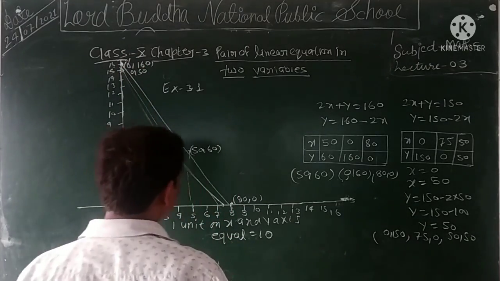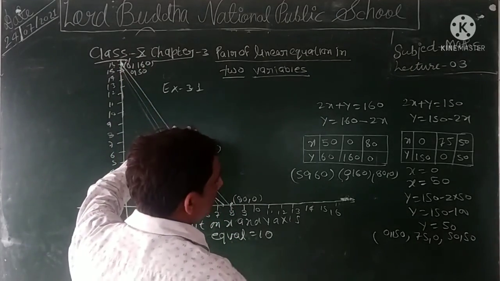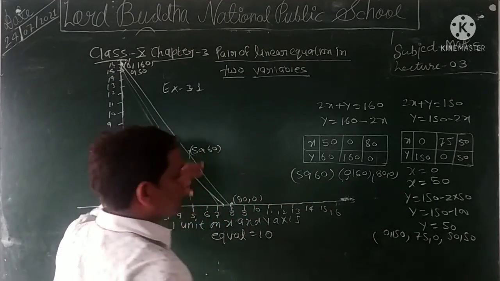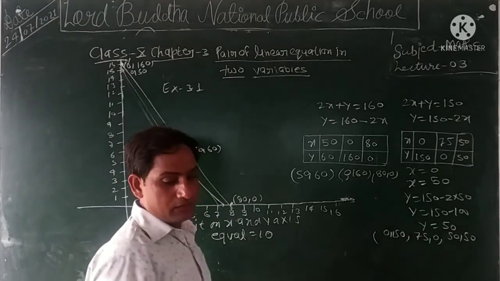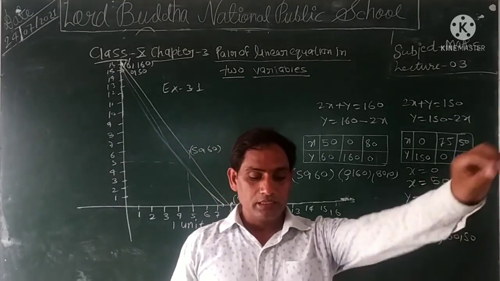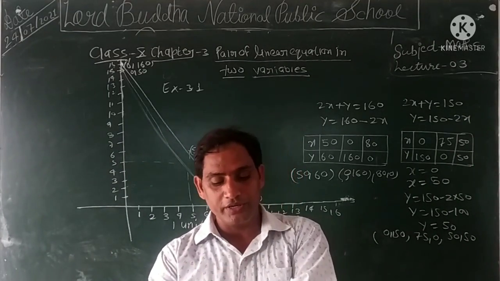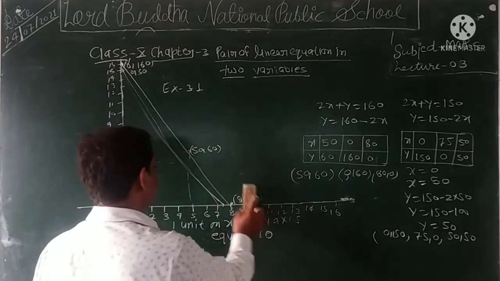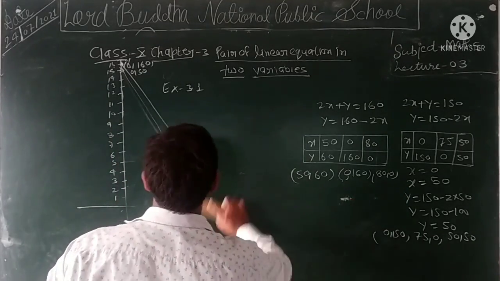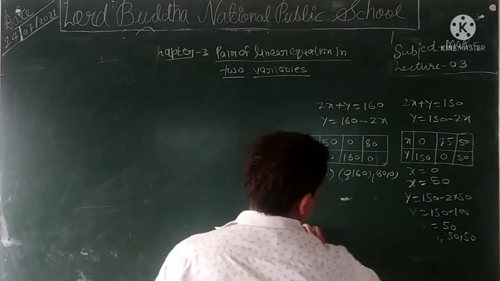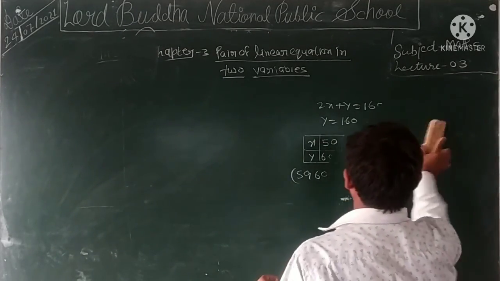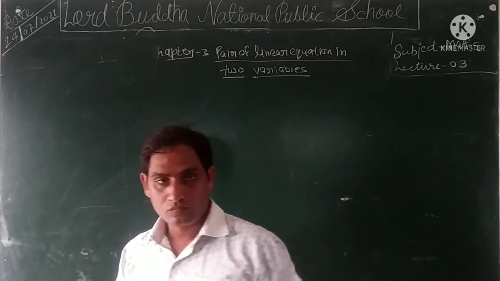You will draw this type of graph on the lines and represent it graphically. In the next video, we will discuss the graphical method of solution of a pair of linear equations. Thank you.